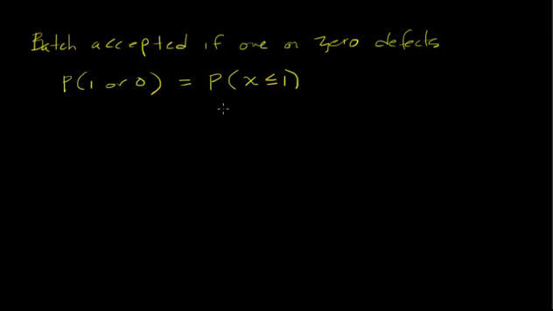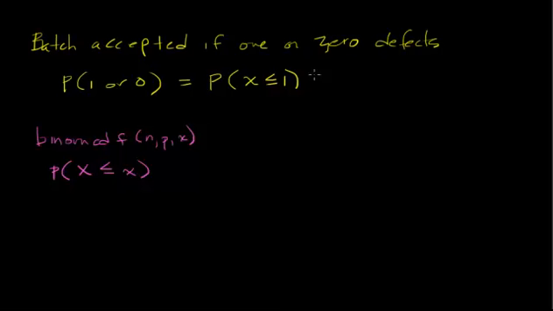And recall that the binomial CDF is what we use when we want the probability that our random variable x is less than or equal to some value, and that's exactly what we want.